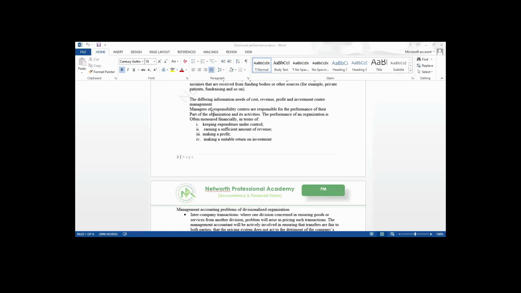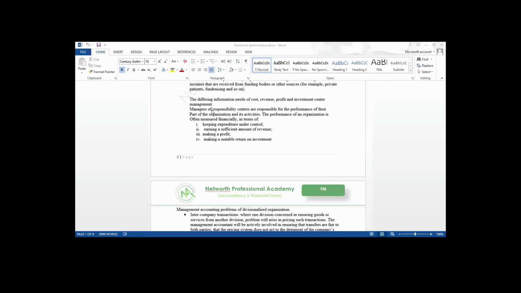For a revenue center, they must ensure that a sufficient amount of revenue is collected, and that all revenue sources are identified and they collect the money.